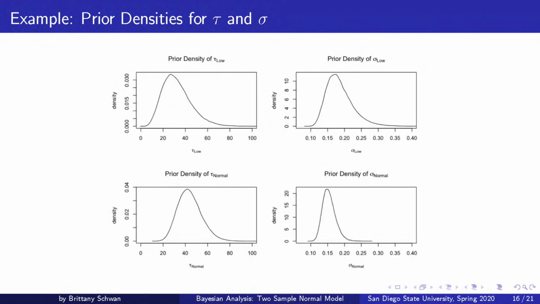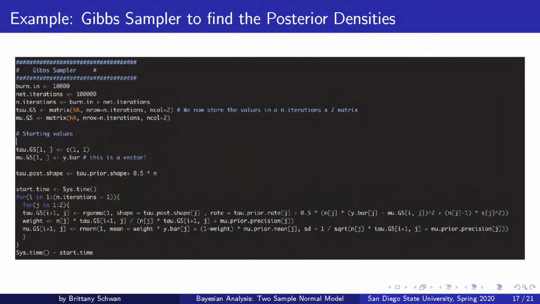Now that we've obtained the hyperparameters for tau and sigma prior distributions, we can make some plots. These plots let us visualize the prior distribution for both tau and sigma for both the low and normal groups. After we obtain the appropriate priors for mu and tau, we can use the Gibbs Sampler to obtain the approximate draws for the posterior densities.